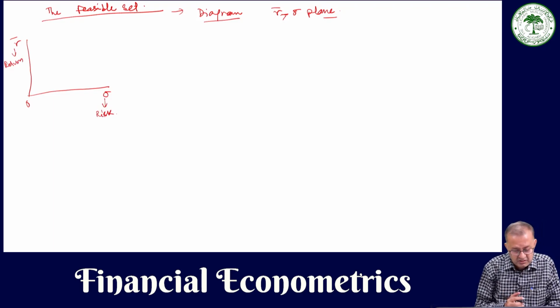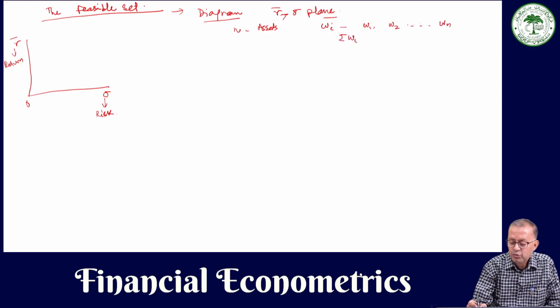So if the investment is being made into n assets with weights wi, means w1, w2 up to wn, such that the sum of wi is equal to 1.